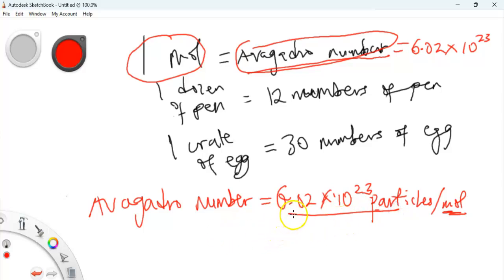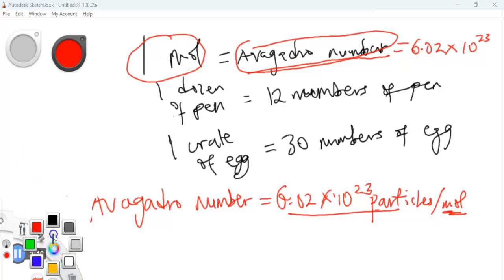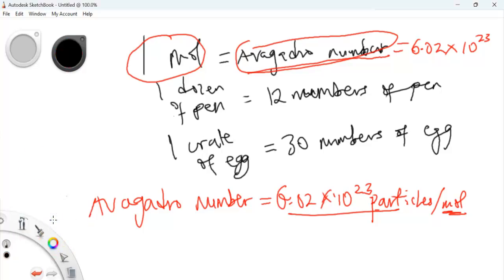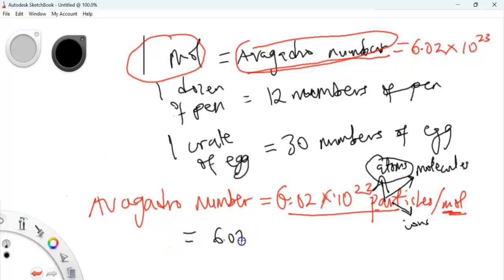Since we already know that particles or entities can either be atoms, molecules, or ions, if you want to be specific with respect to atoms, you say the Avogadro number is equivalent to 6.02 times 10 to the power of 23 atoms per mole.